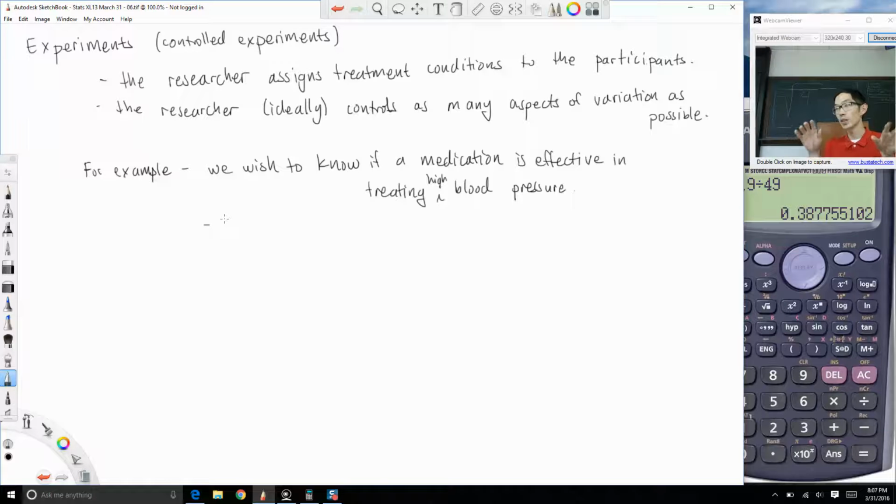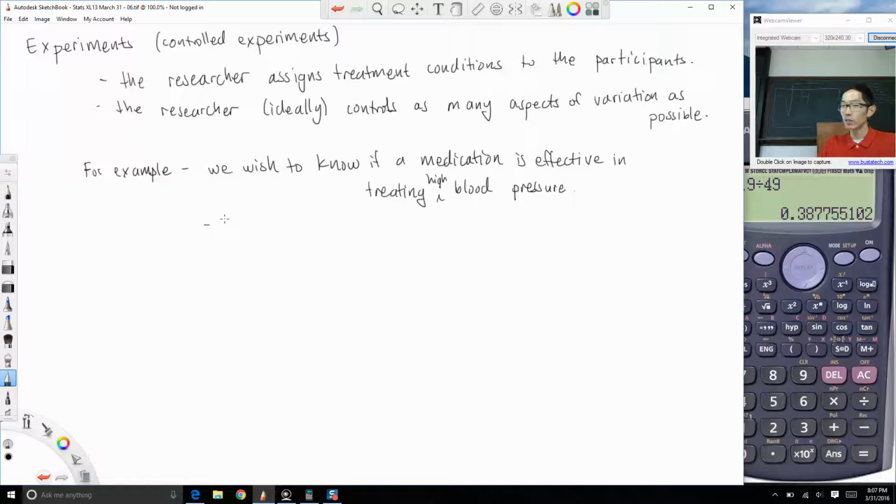If at the end of the study you see a difference between the groups, you won't know if the difference is because this group was men or because this group got the medication. So that would be a terribly designed study, where you can't tell if the difference is because of the difference in treatment or because of demographic differences between the groups.